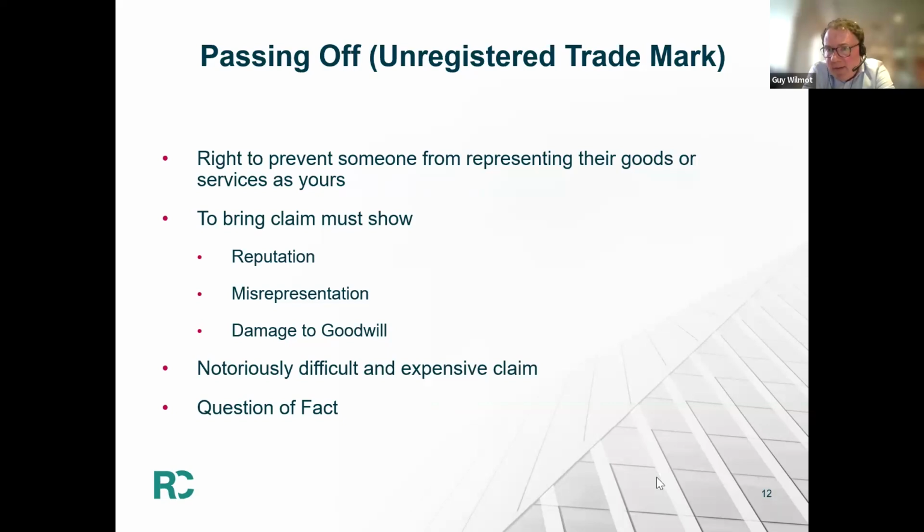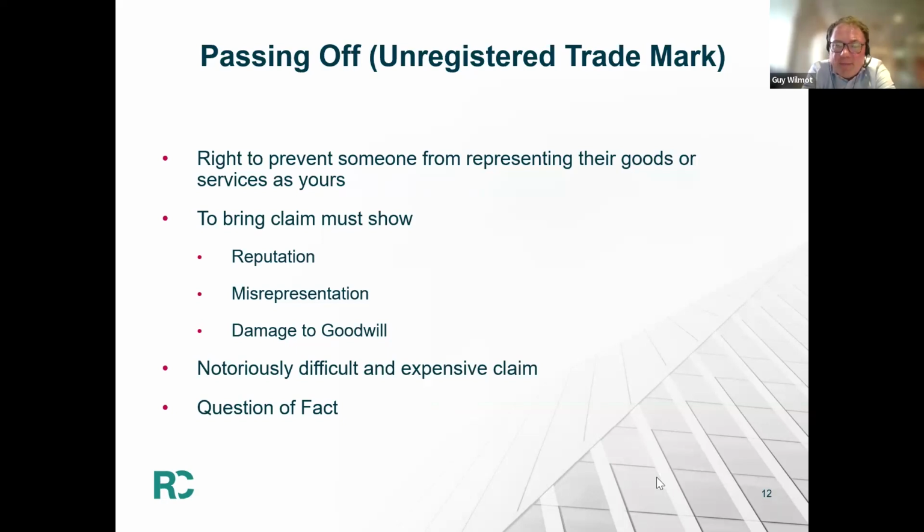What that really means is that there is some actual confusion out there between your goods and services and the goods and services of the person who is passing themselves off as you. And then finally, you have to show that you've suffered damage, actual loss. And because you have to show all of these things, it is a notoriously difficult and expensive claim.